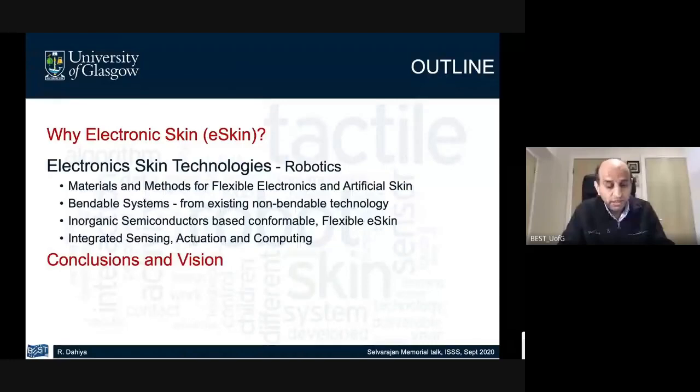This section is divided into various time scales in terms of technology available immediately, technology that could be developed in the midterm, and then in the long term, as well as solutions from nanoscale to large area. And when I say large area, I normally refer to areas bigger than the largest wafer that is available to realize electronics. Finally, I'll conclude this talk and present some references and acknowledgements to my funders.